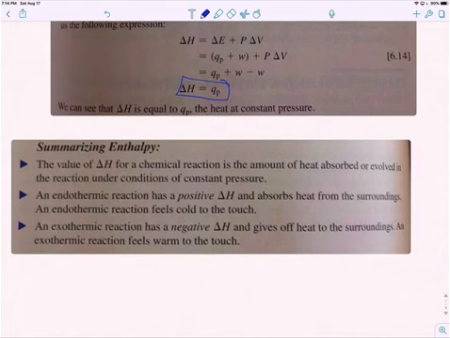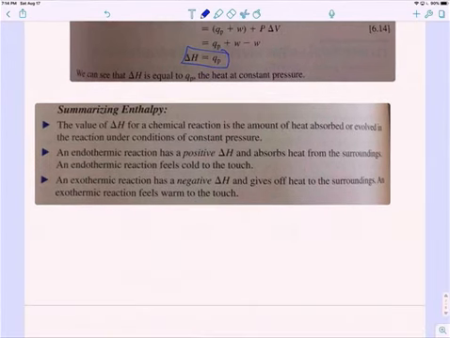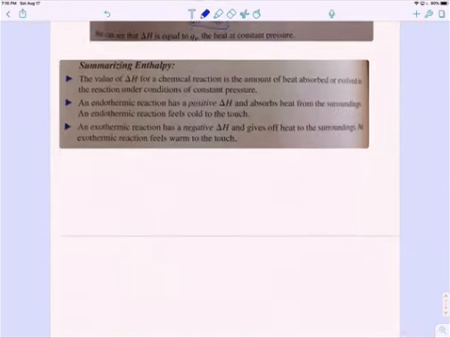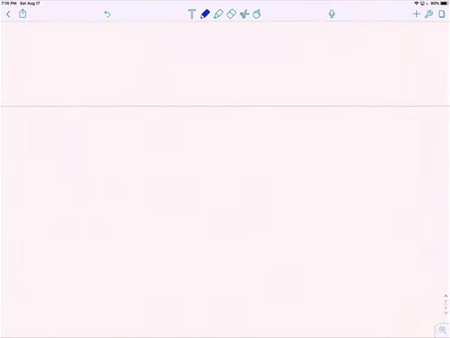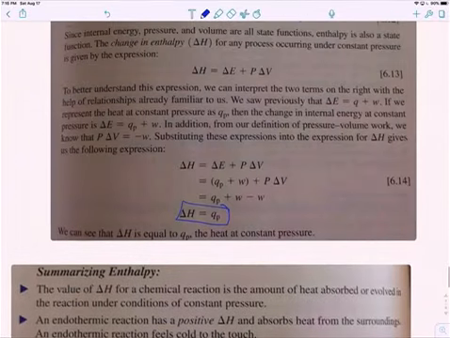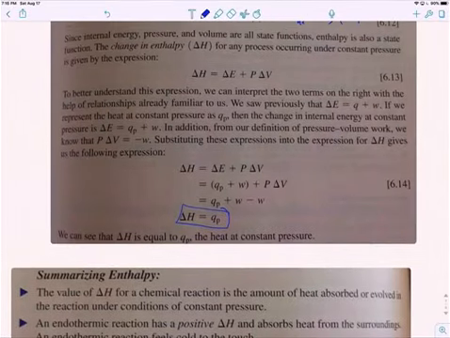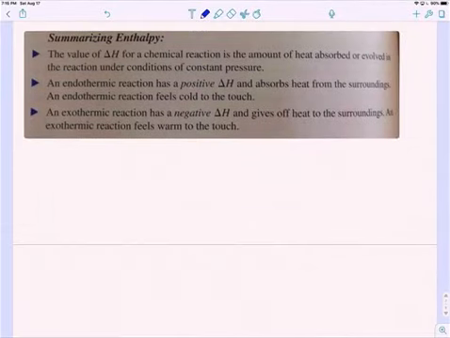Okay, and the same idea is that positive delta H, just like delta E, means energy is flowing into the system. Negative means it's going out of the system. Positive delta H means endothermic. Negative delta H means exothermic. So endothermic is going to be cold if you touch it. Exothermic is going to be hot when you touch it. Okay, and we are done for there, and we will move on in the next lecture.